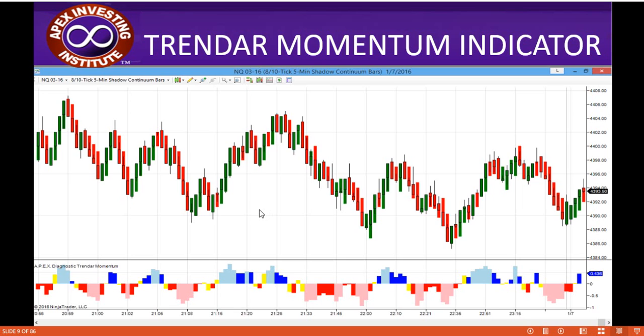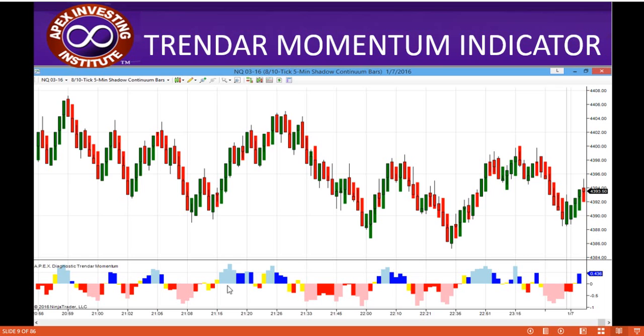For example, let's say that this bar right here is a red colored bar on the bar trend chop filter. Remember the bar trend chop filter that colors the bars? This is a red bar, but the Trendar indicator is actually above the zero line.